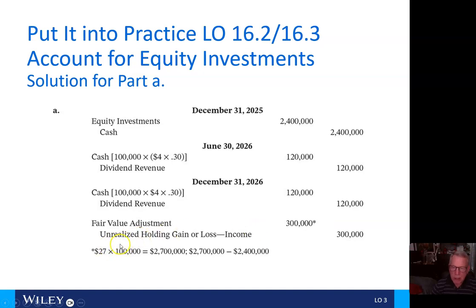And the credit is going to be to the unrealized holding gain or loss in income. And we get that number, $300,000, by taking $27 fair value times 100,000, that's $2,700,000, and then we subtract out what we paid, $2,400,000, and that's going to be a $300,000 difference.